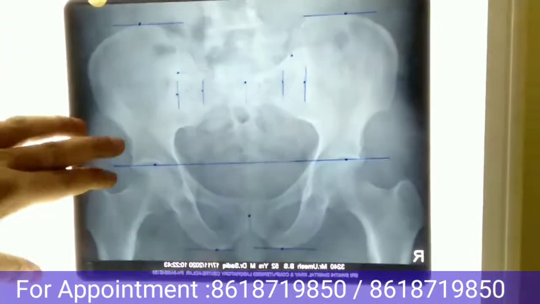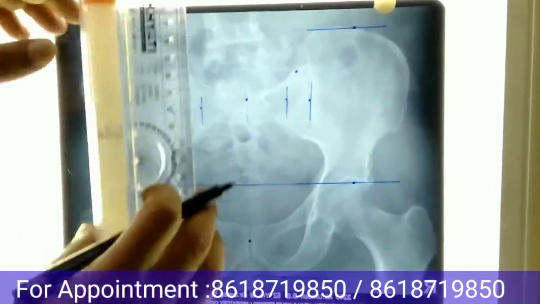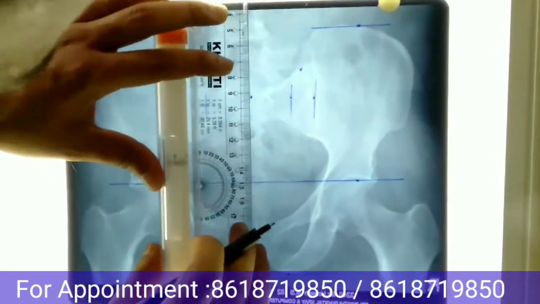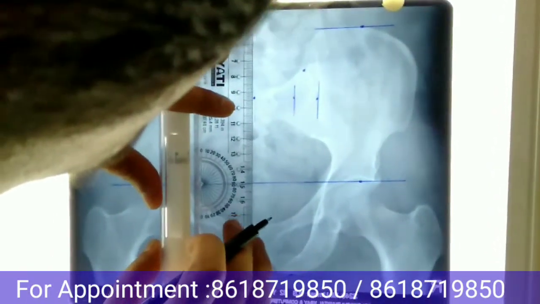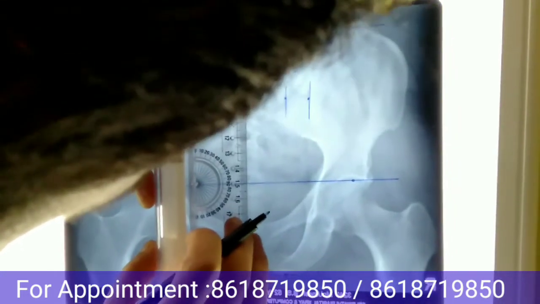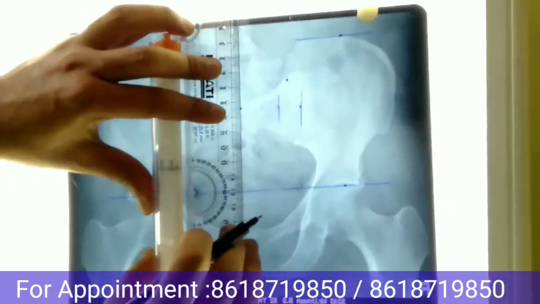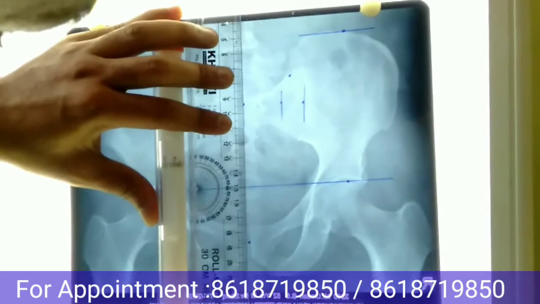Okay. Now, after marking these lines, we need to draw a 90-degree line, which comes from the first sacral tubercle to the symphysis pubis.